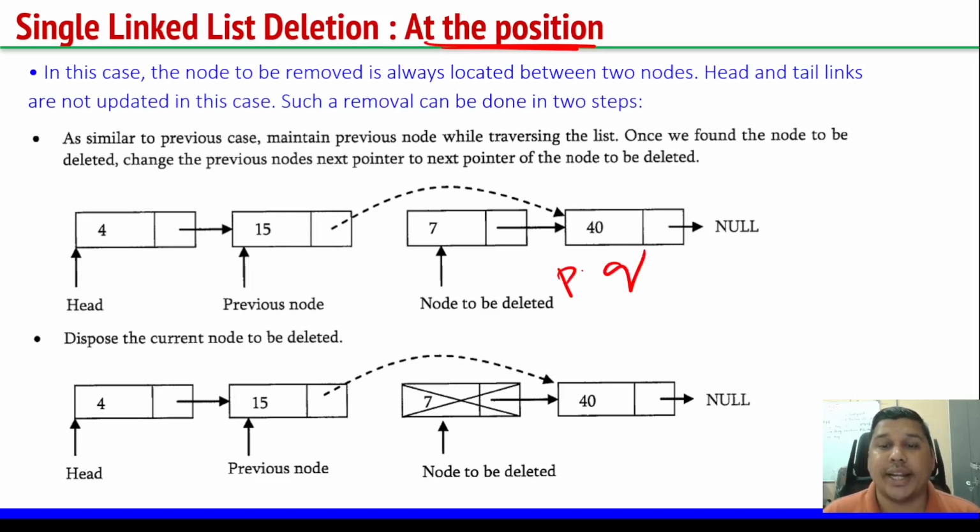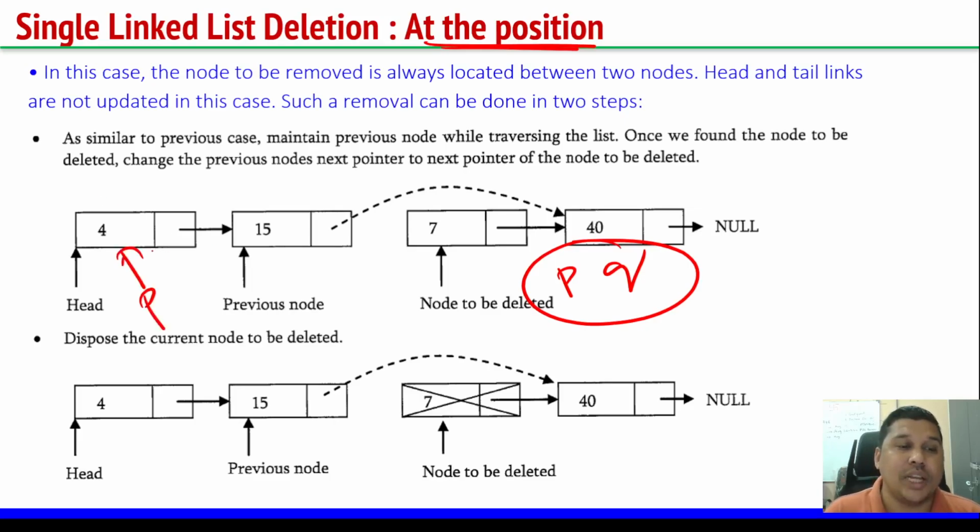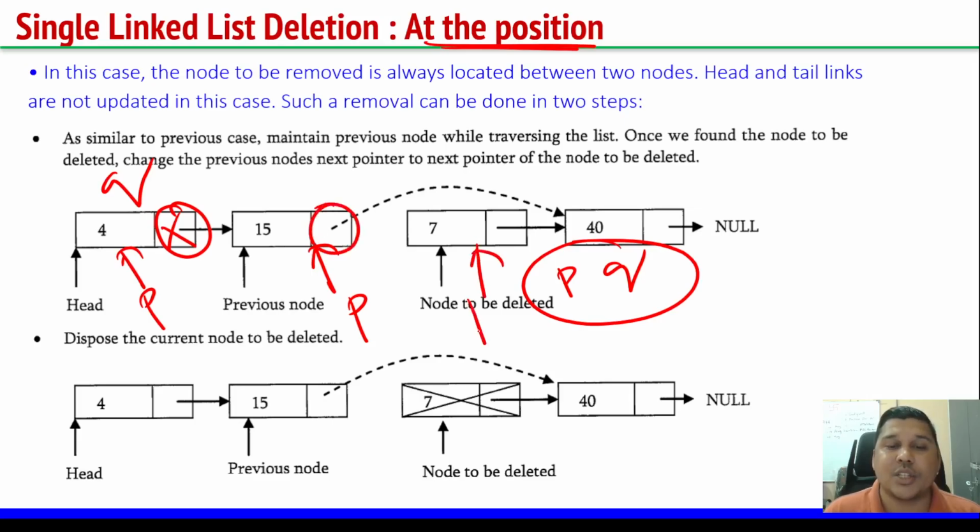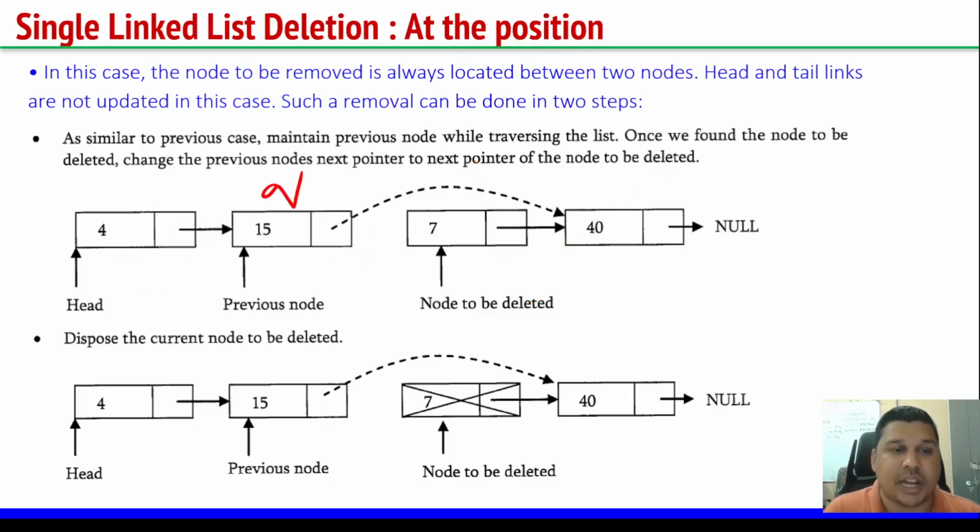Initially P will be here, and then you will check if this is null. If this is not null, you will make this your P and this will be your Q. Again check if this is null. If it is not null, make this your P, let this be your Q. Again you come forward, make this your P and let this be your Q. That way we were traversing yesterday, right? Maybe in this case we have to bring our Q here and bring our P here.